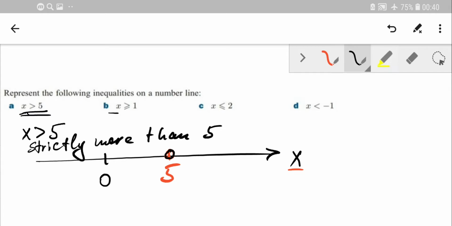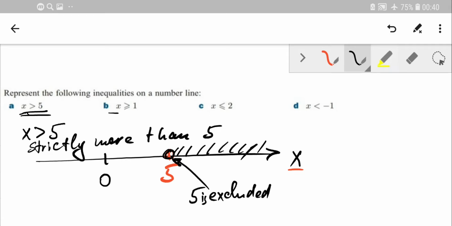That's what you need to keep in mind when reading this inequality. Strictly more than 5, so 5 is excluded. This hollow point means your 5 is excluded. You don't include it, basically. But any value above works for you.